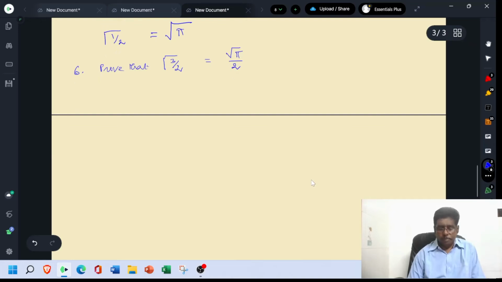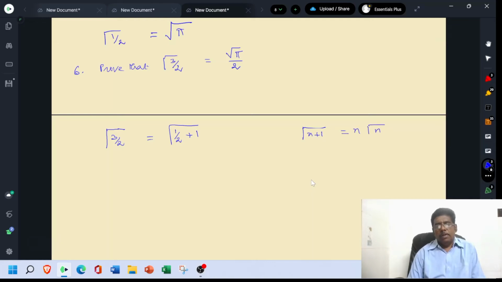For that, write down this gamma of 3 by 2 in the n plus 1 form, that is 1 by 2 plus 1, because gamma of n plus 1 is equal to n gamma n.